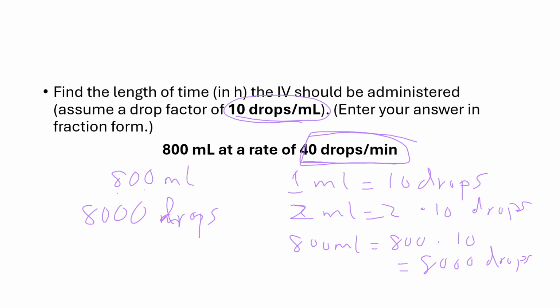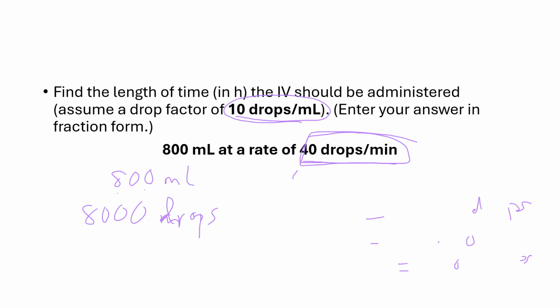Since I've got 8,000 total drops, and for every minute I'm doing 40 drops, if you divide 8,000 by 40 drops, that is going to give you the number of minutes you need.